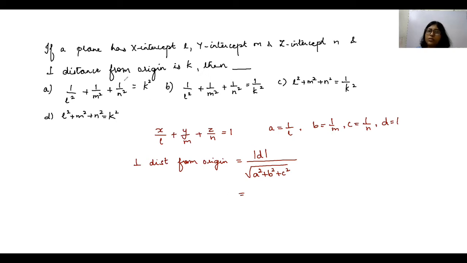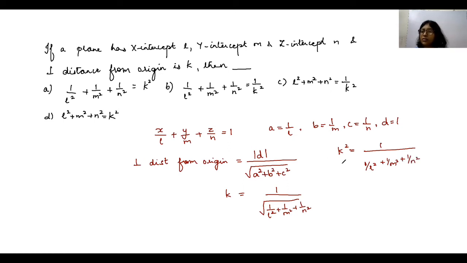So let's put in the value. It's given perpendicular distance from origin is k. We do not want to have square root, so next step will be squaring this. And so we have k square is equal to, and we want this in the numerator. So taking reciprocal on both the sides. So it's quite clear that that's our option B.